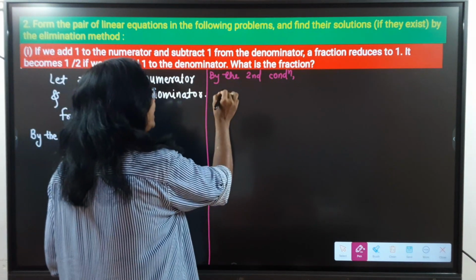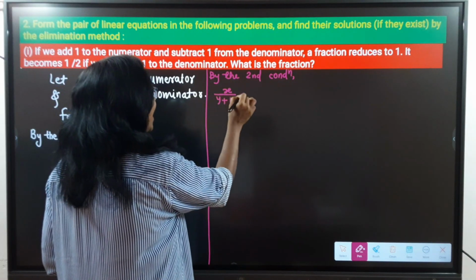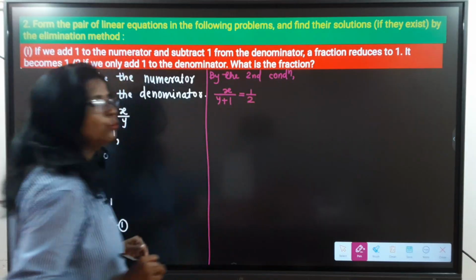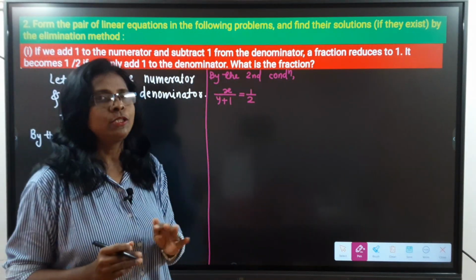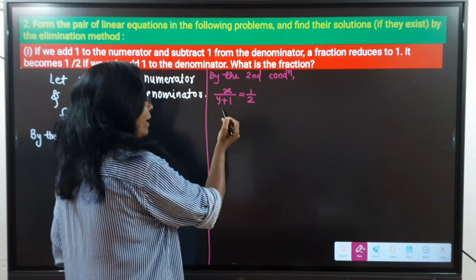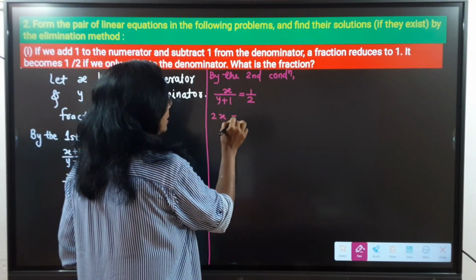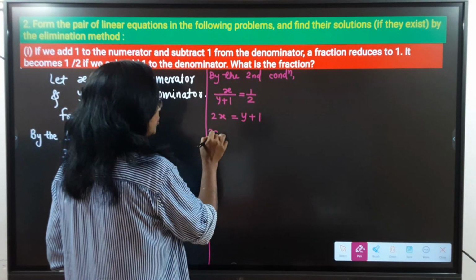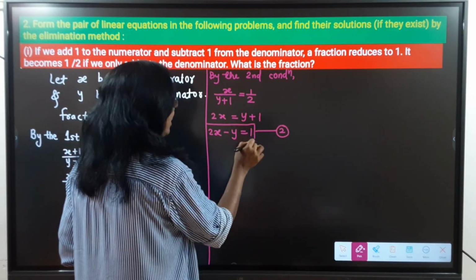So now numerator as it is, and then denominator becomes y plus 1, and the fraction becomes 1 upon 2. So only adding the 1 in the denominator. Do not add or subtract to the numerator, students. So we have x upon y plus 1 is equal to 1 upon 2. Then here by cross multiplication 2x is equal to y plus 1, and that means here, students, 2x minus y is equal to 1. So that is here the second equation, students.